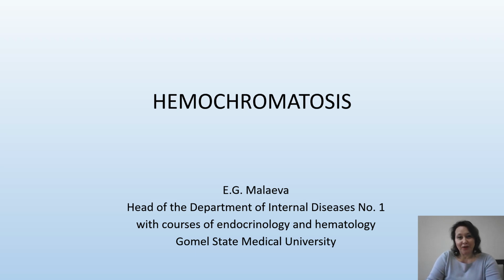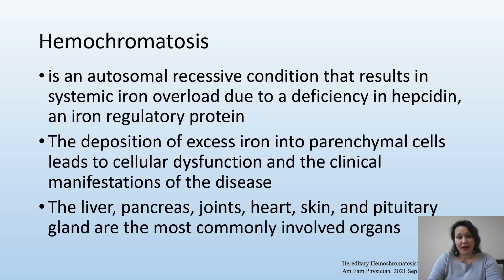Dear students and colleagues, the topic of presentation is hemochromatosis. It's one of the autosomal recessive diseases that result in systemic iron overload due to deficiency in hepcidin, an iron regulatory protein.